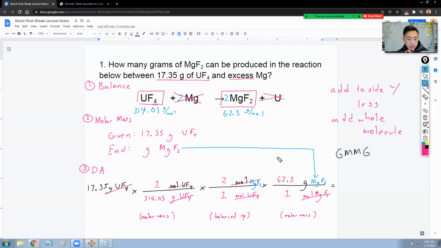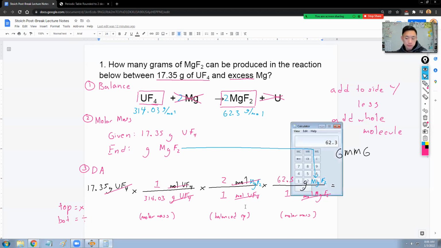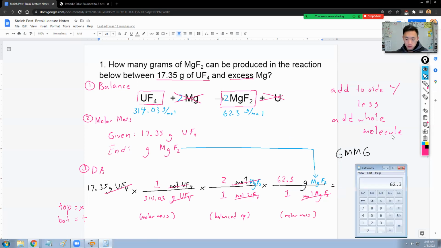Okay, so now we can solve out our fraction. Now just remember that the numbers that we have on the top, we are going to multiply, and the numbers that we have on the bottom, we are going to divide. And so we're going to pull up our calculator again. The first number that we have is 17.35. The number on the bottom is 314.03, so I'm going to divide by that.